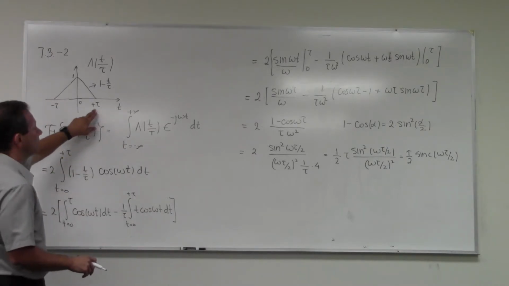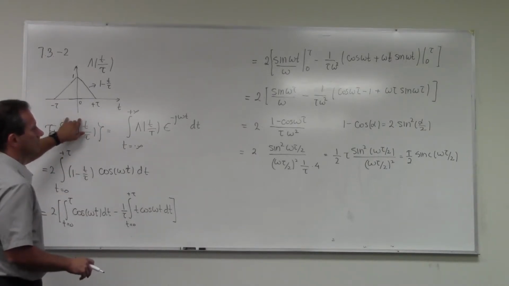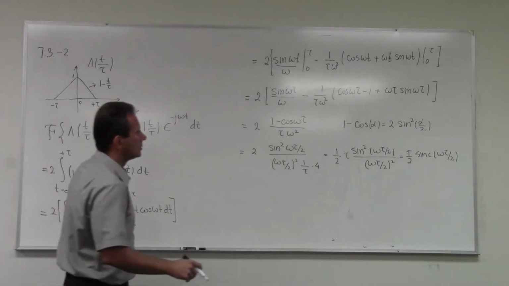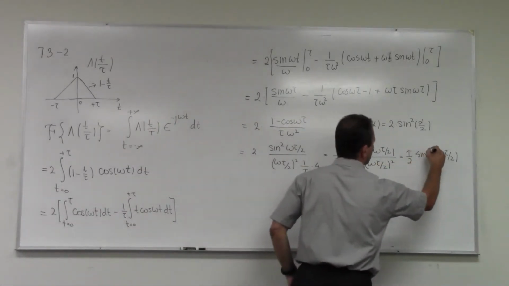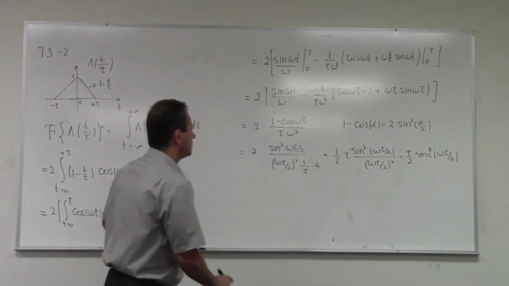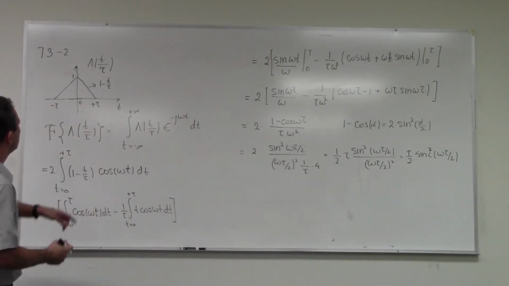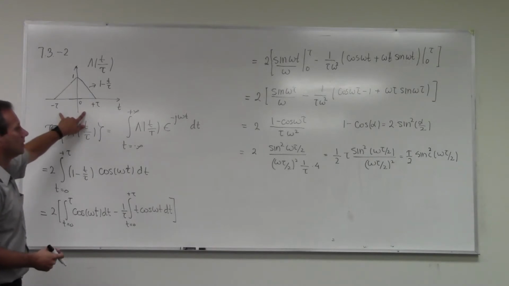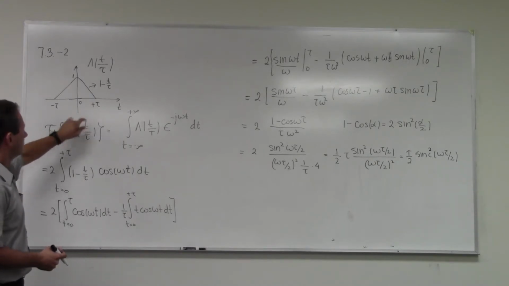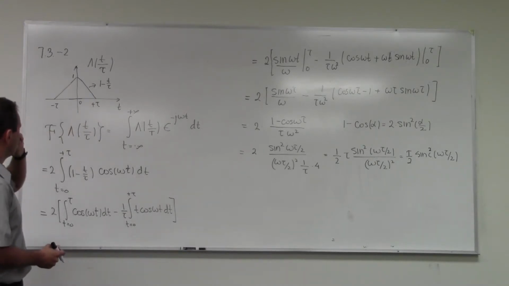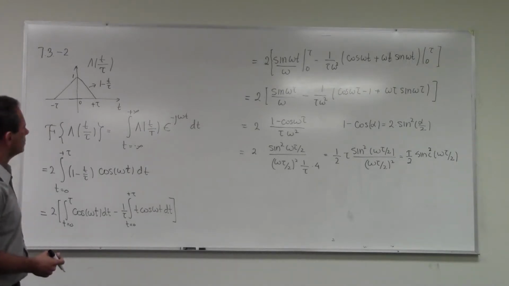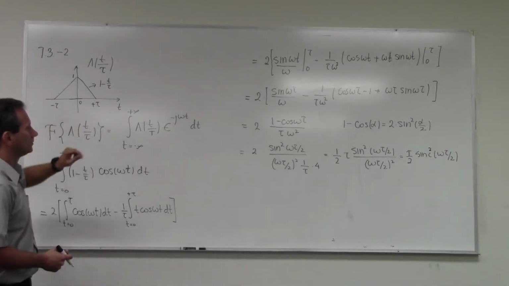Unless this tau here is power 2. Okay, so that's sinc squared here. So that's the Fourier transform of the lambda pulse. That's of the duration of 2 tau, right?